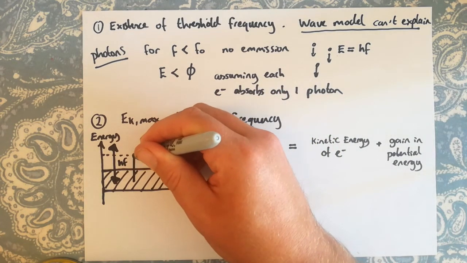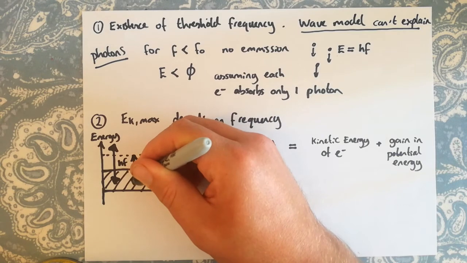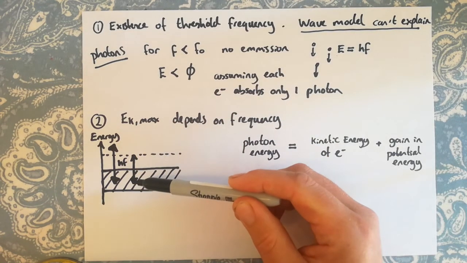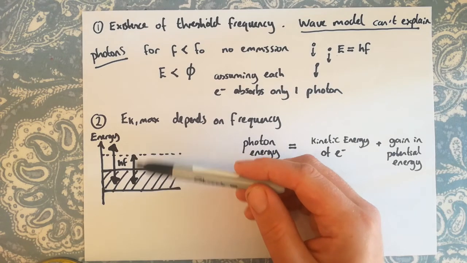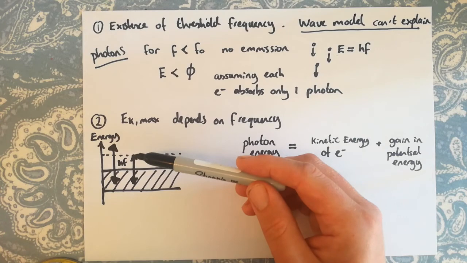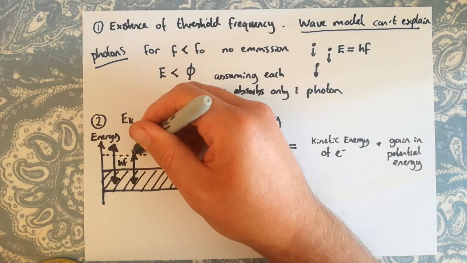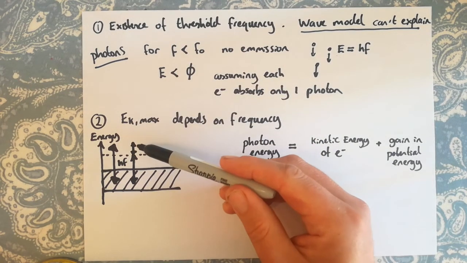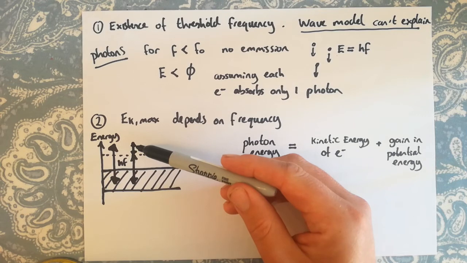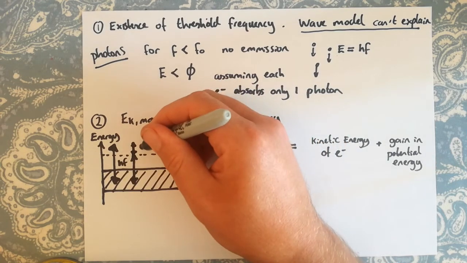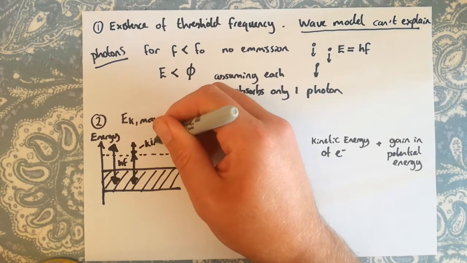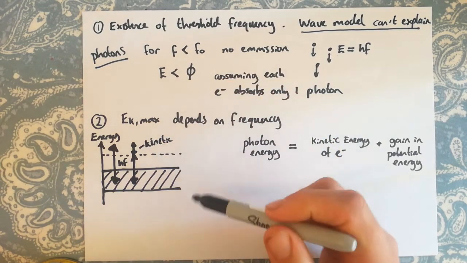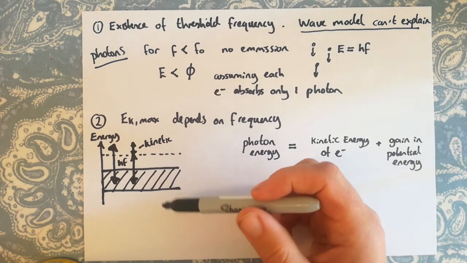To escape from the metal, that electron needs to increase its potential energy from there up to there, and then the remainder of the energy that it's absorbed from the photon is going to be what it has as kinetic energy once it's escaped.